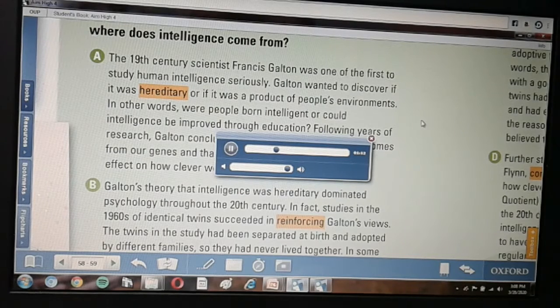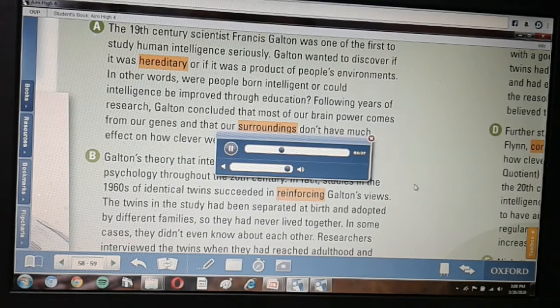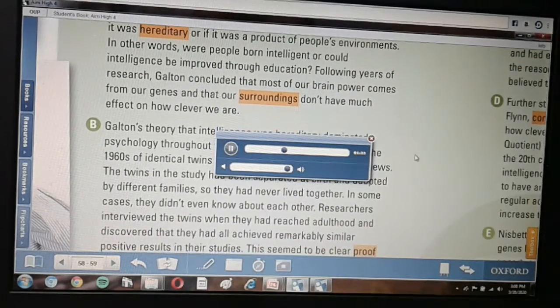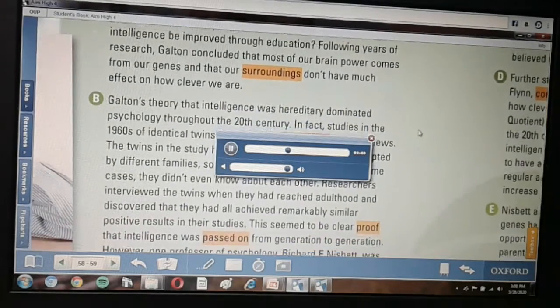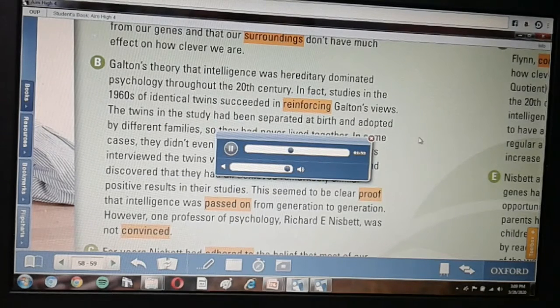Galton's theory that intelligence was hereditary dominated psychology throughout the 20th century. In fact, studies in the 1960s of identical twins succeeded in reinforcing Galton's views. Twins in the study had been separated at birth and adopted by different families, so they had never lived together. In some cases, they didn't even know about each other. Researchers interviewed the twins when they had reached adulthood and discovered that they had all achieved remarkably similar positive results in their studies. This seemed to be clear proof that intelligence was passed on from generation to generation. However, one professor of psychology, Richard E. Nisbet, was not convinced.